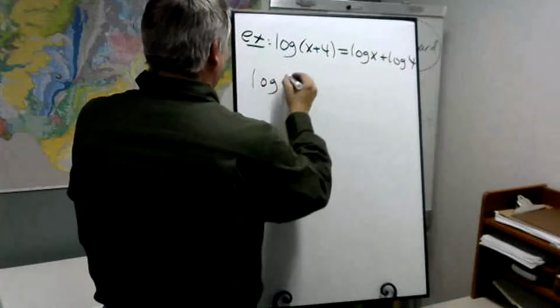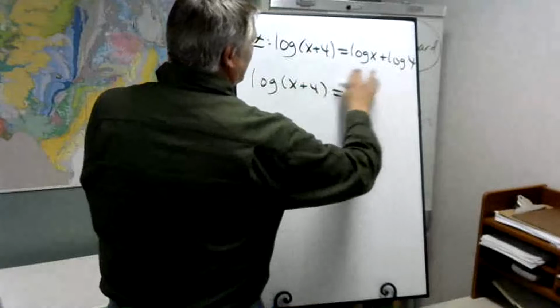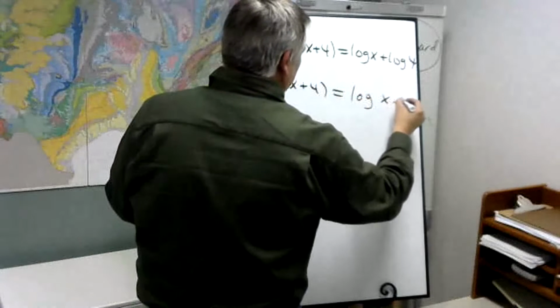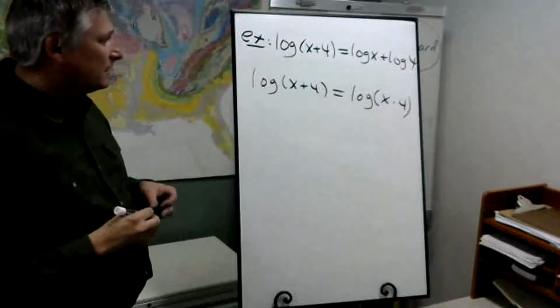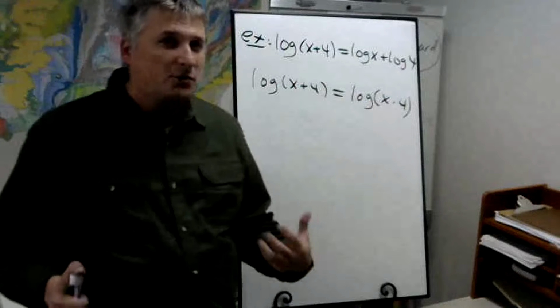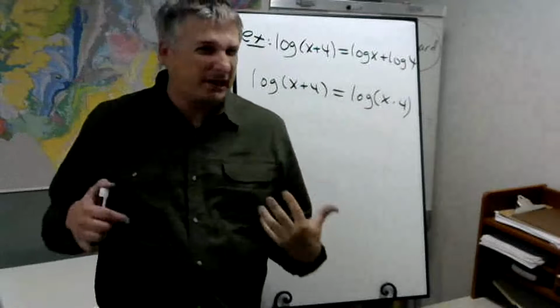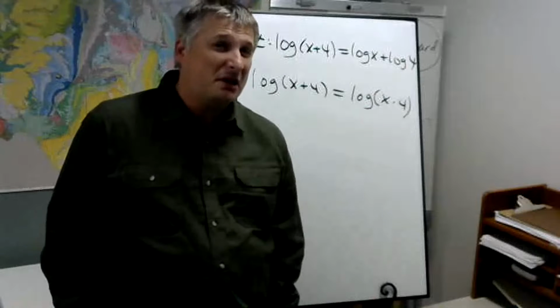So the log of a sum is the log of a product. This is true. And so now what we can do, we can use that principle where we have log of the same base, and again, a log that's plain, where there's no base stated, that usually means log base 10.